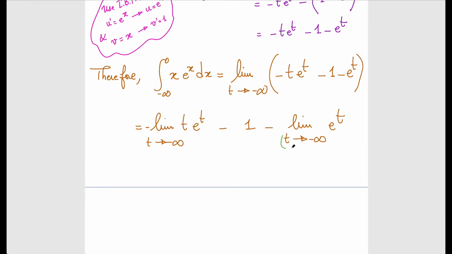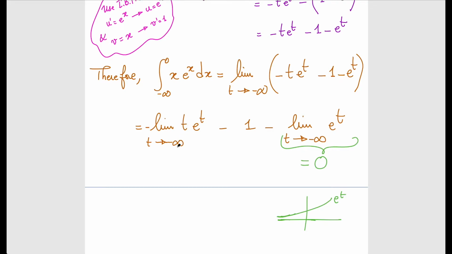What's this limit here? As t goes to minus infinity, how do you graph e^t? This is the graph of e^t. As t goes to minus infinity, as t is going this way, the function is decreasing all the way to 0. And how about t?